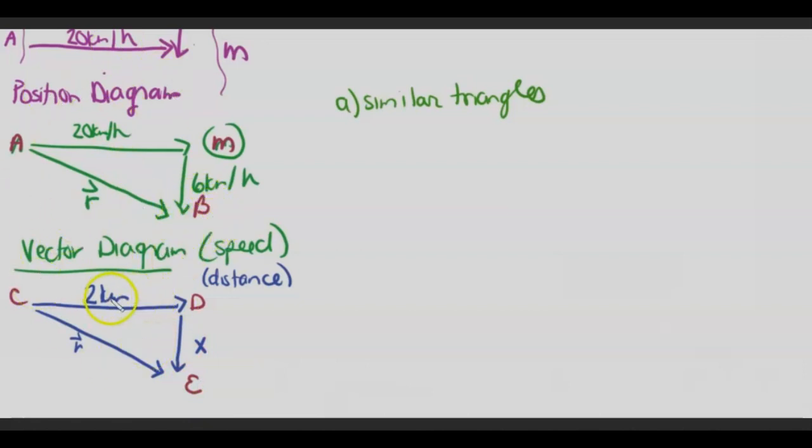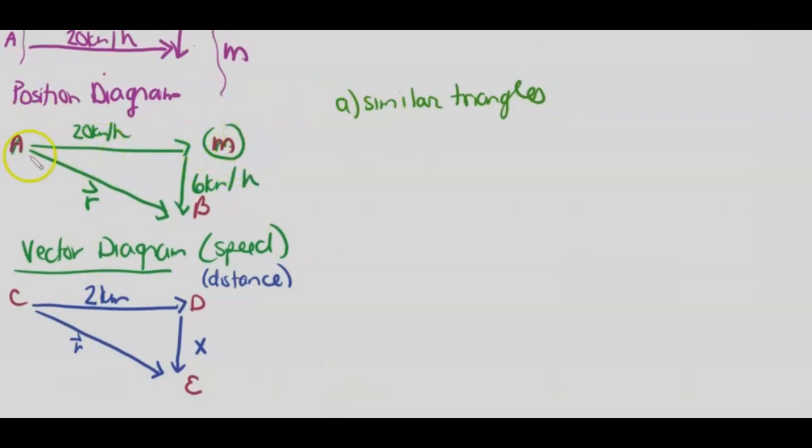One of these diagrams is in distance, which is just kilometers. So what we can do for the similar triangles is we can say side AM is similar to side CD. So those two sides are going to have the same ratio as side MB and side DE.